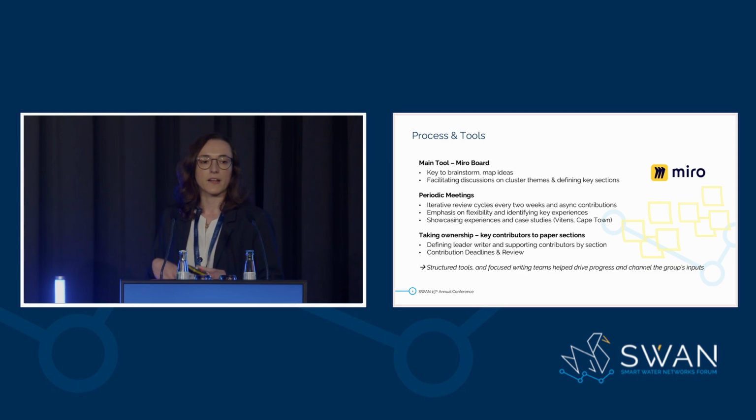We had meetings that emphasized flexibility, iteration of ideas, and reviewing of different experiences. And then we decided that we had to take ownership of this paper as well, because we could debate forever about this. In the end, we had to establish some sort of framework, proper milestones and deadlines, and own the paper ourselves.